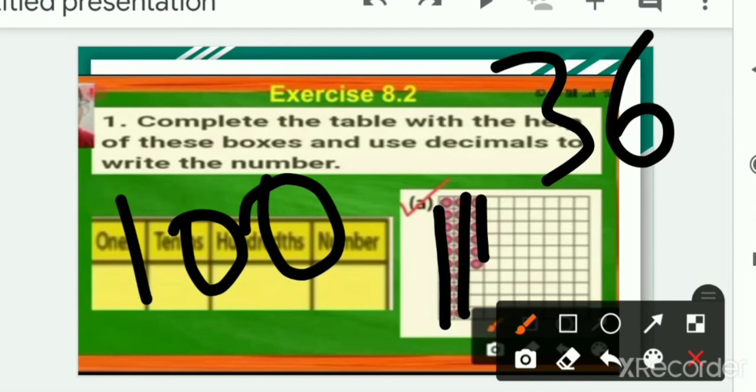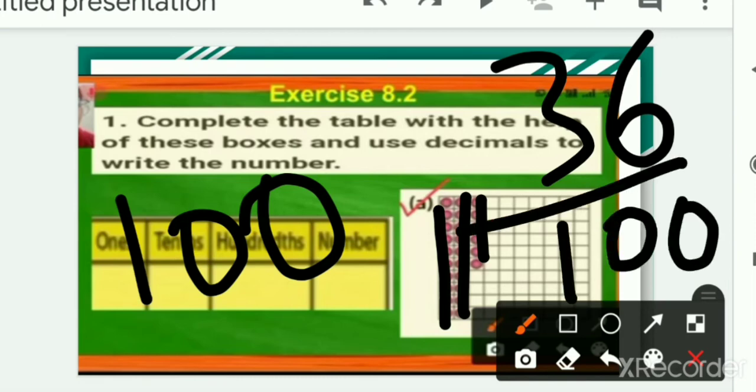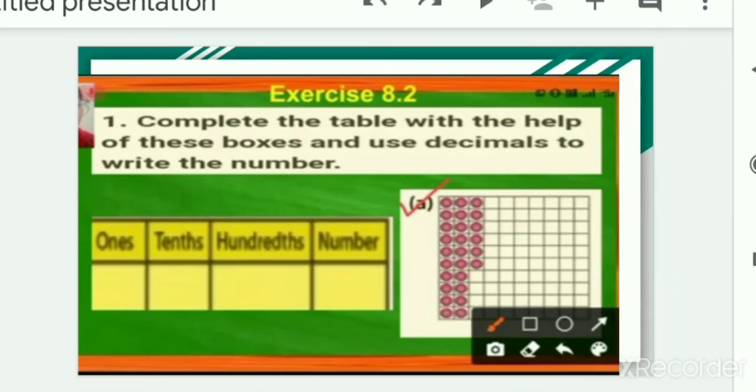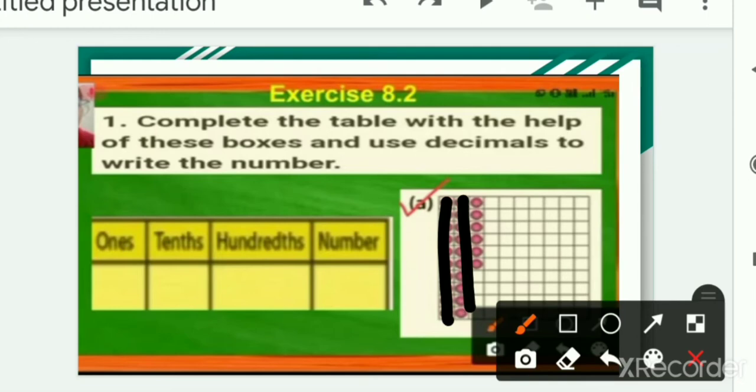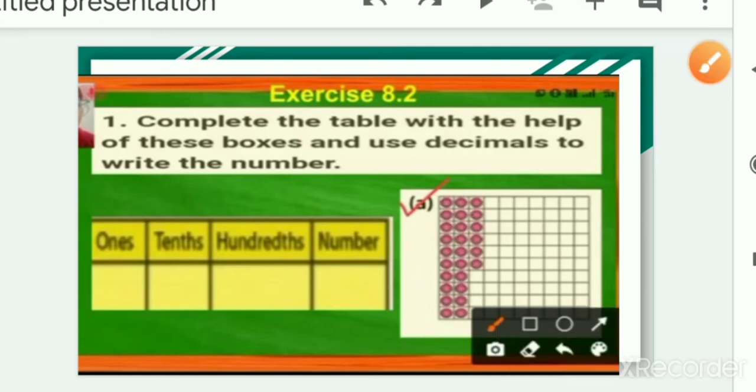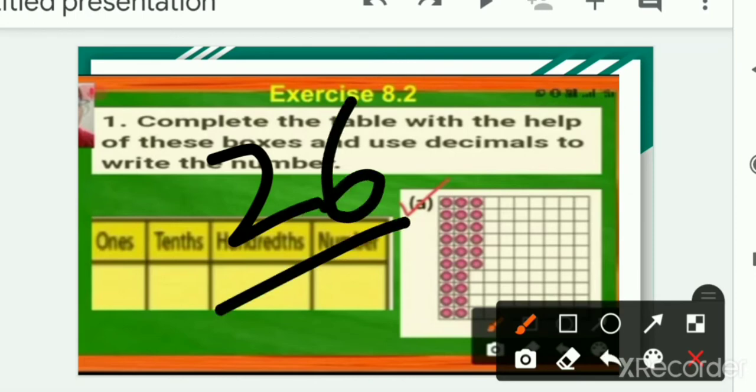So our fraction will become 36 upon 100. Oh, sorry, 26, because this is 10 and 10, 20, 20 plus 6, 26. So it will be 26 upon 100.